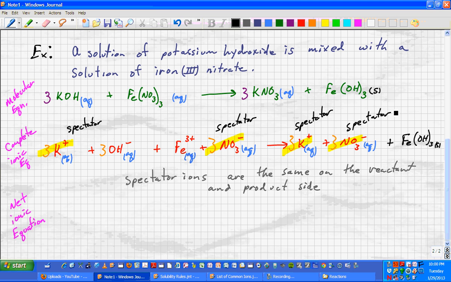We take what's left and make our net ionic equation. So what I'm left with is Fe3 plus, usually write the positive ion first, although it doesn't really matter, and that's aqueous. And that will combine with my 3 hydroxides.